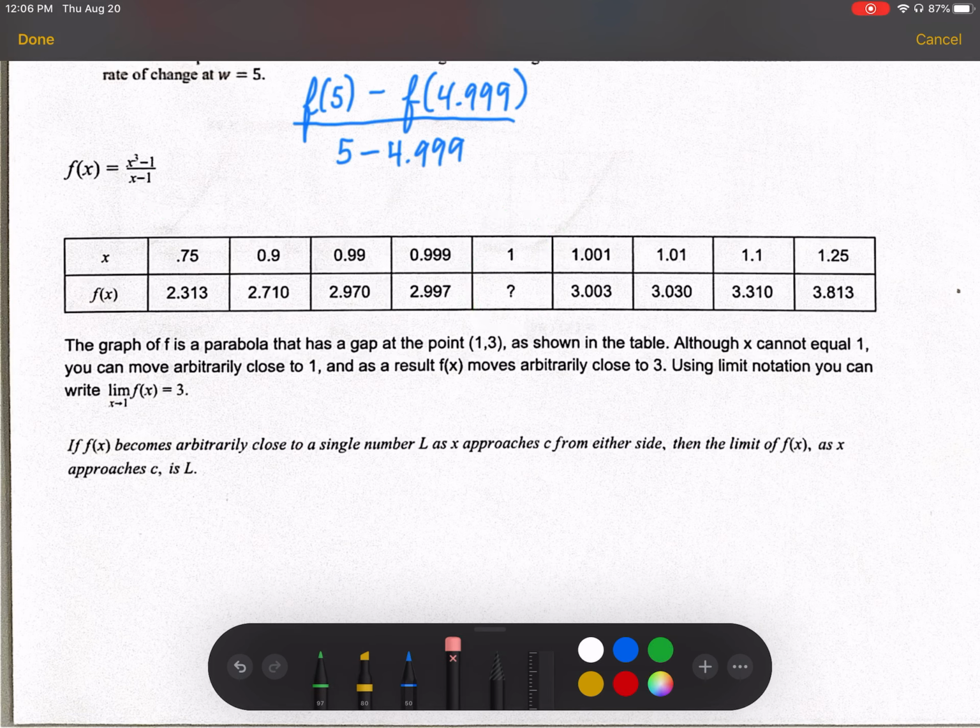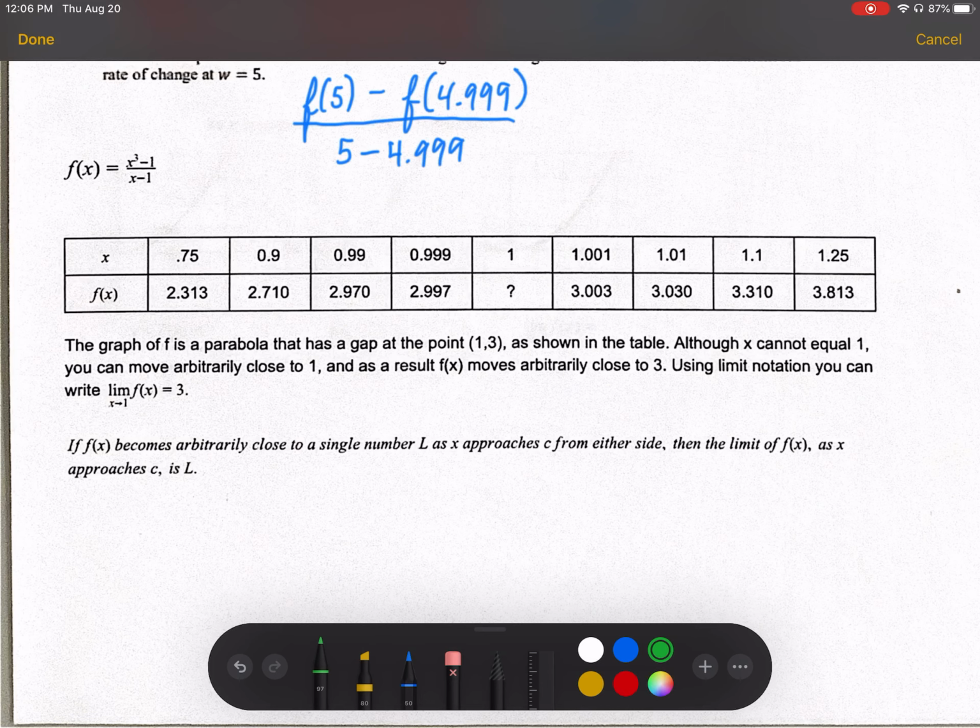And so when we're finding limits, what we're finding is, coming from the left side and the right side of that point, what are those two sides approaching? And so if I'm approaching from the left side and the right side, what number is it that I'm approaching on the graph?